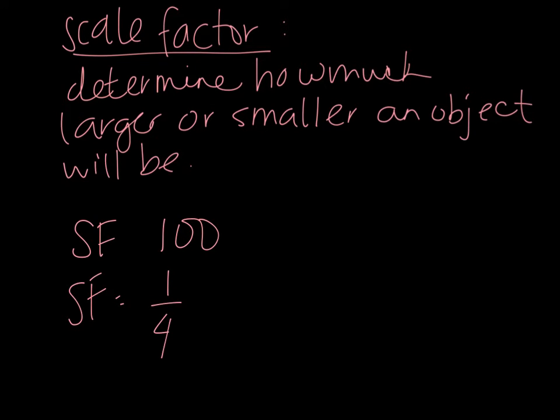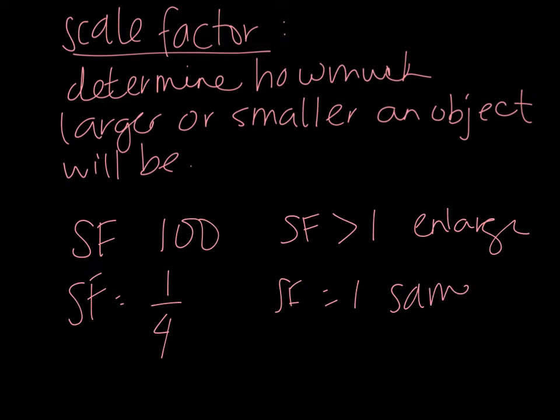So you'll find out tomorrow in our investigation that if a scale factor is greater than 1, then it's going to enlarge it. If a scale factor is 1, it does nothing to it. It just makes it the same. And if a scale factor is less than 1, then it will make it smaller or reduce it.